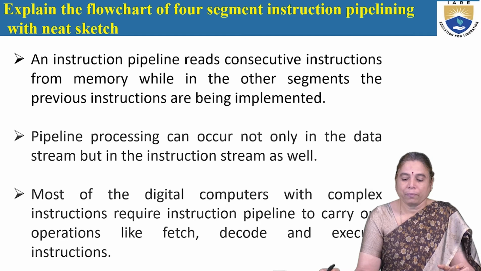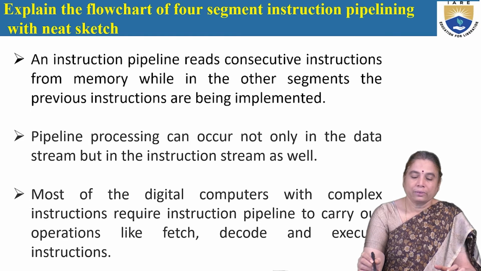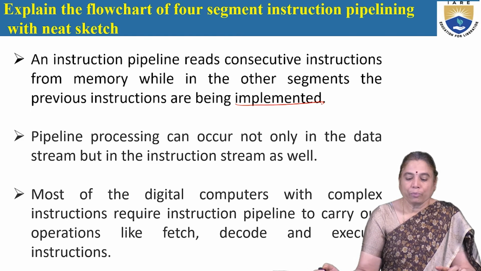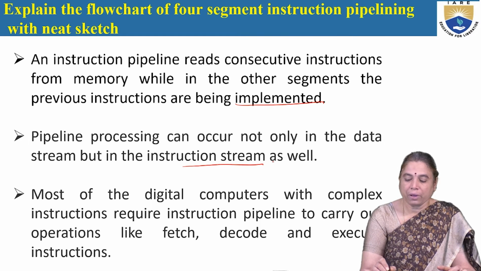An instruction pipeline reads consecutive instructions from memory while in other segments the previous instructions are being executed. So the pipeline process can occur not only in the data stream but in the instruction stream as well.